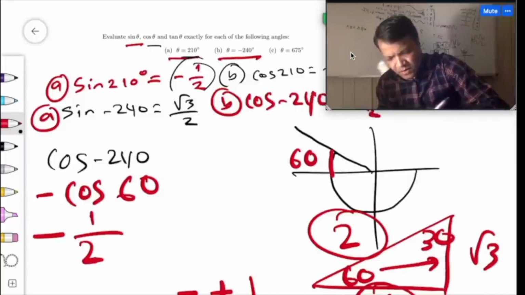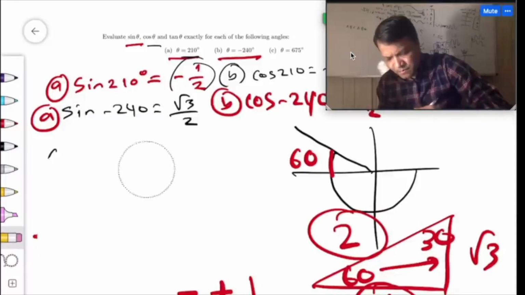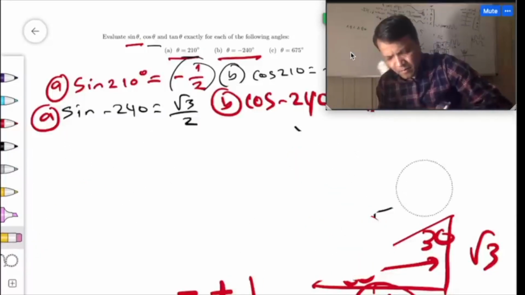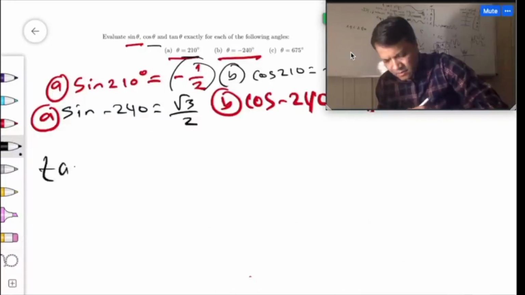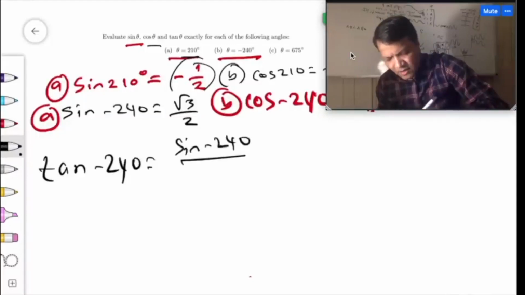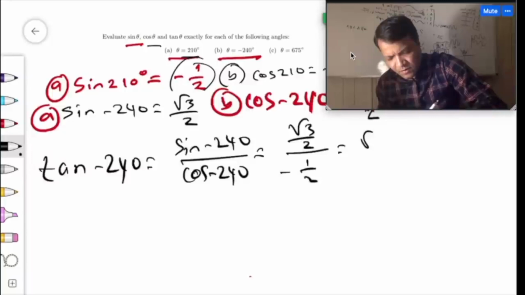Now we're going to do the part that is tangent. Tangent negative 240 is equal to sine negative 240 over cosine negative 240, which is square root of 3 over 2 times negative 2 over 1.